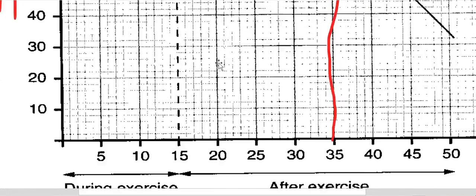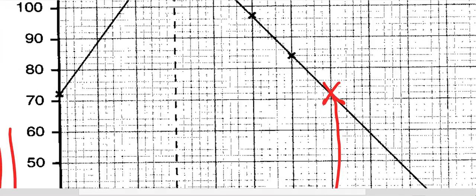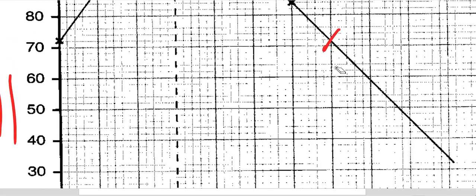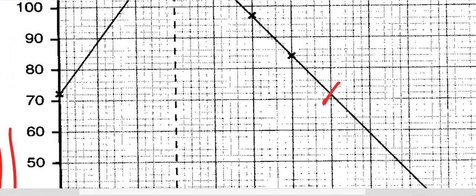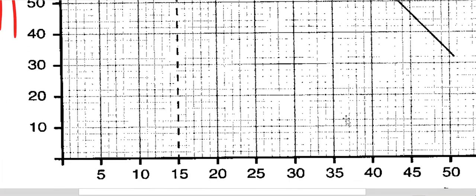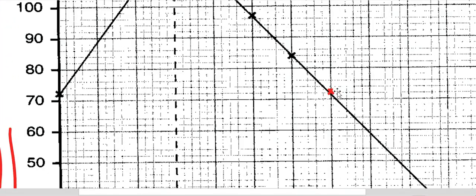Okay, so at 35 minutes on the graph, that is, yep, right there. I'm just going to draw an X so it's easy for us to look at. That part right there is the part of the graph that we're looking at, because that is where 35 minutes is on the graph.